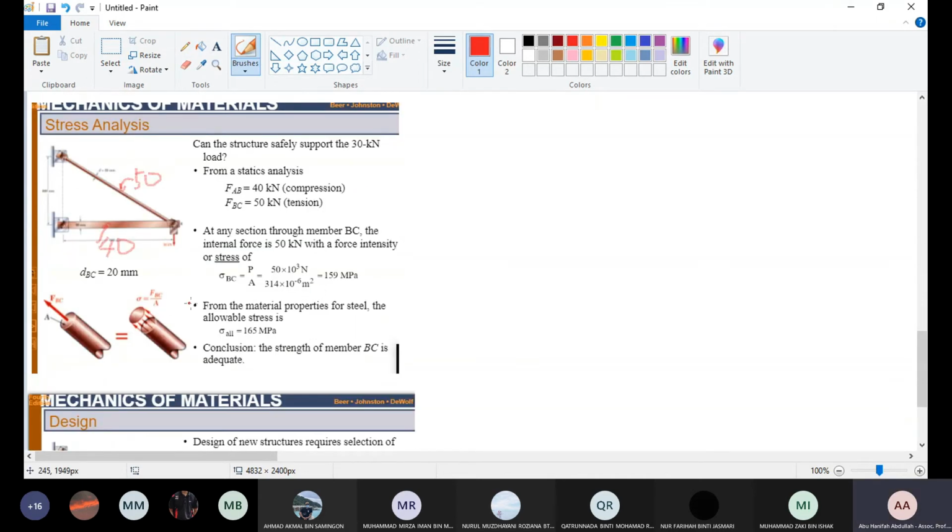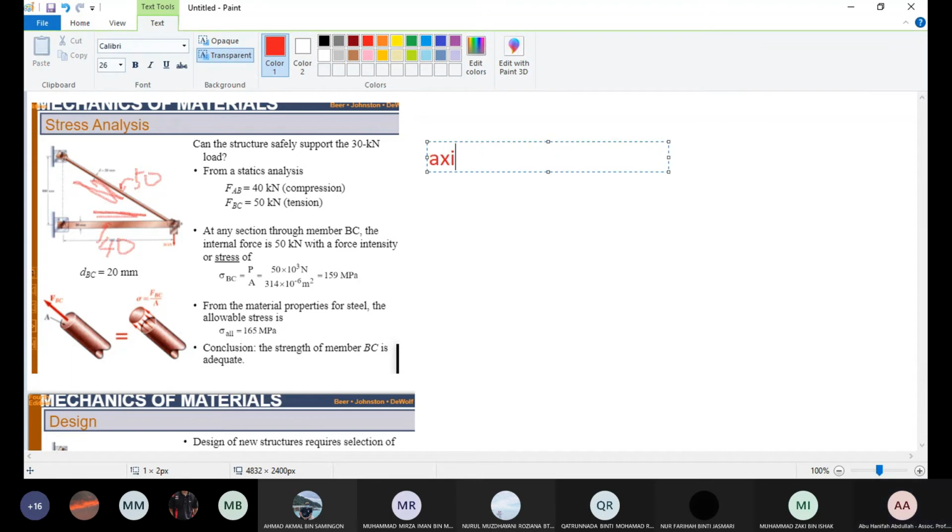So for you, if you want to know what are the stresses, all the forces here along the beam, this is axial force. Axial forces, which will give you axial stresses.